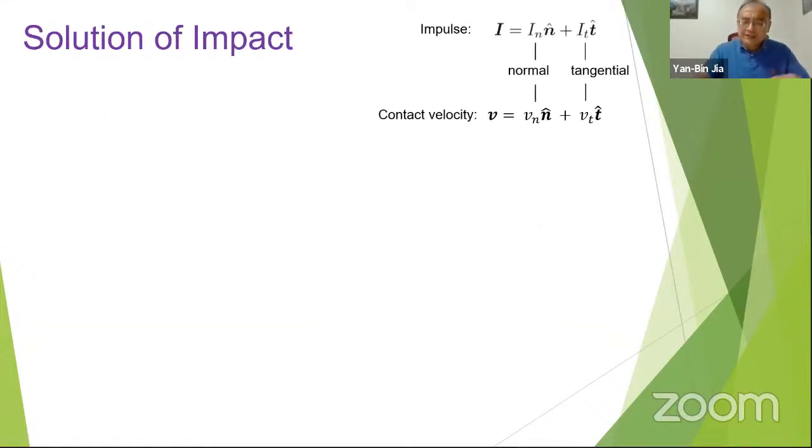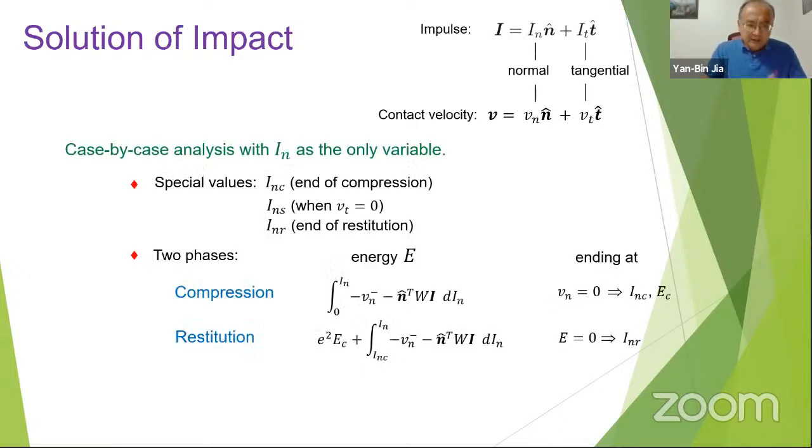So what we did is we project this impulse along the normal direction and the tangent direction, and the same way we project the contact velocity. So there's a case-by-case analysis. Similar work was done about 20 years ago by Mason and Yu Wan, but they were using kinematic restitution and Poisson's kinetic restitution, and we're giving a more compact solution.